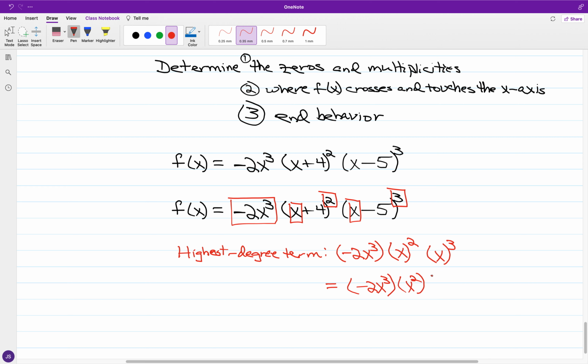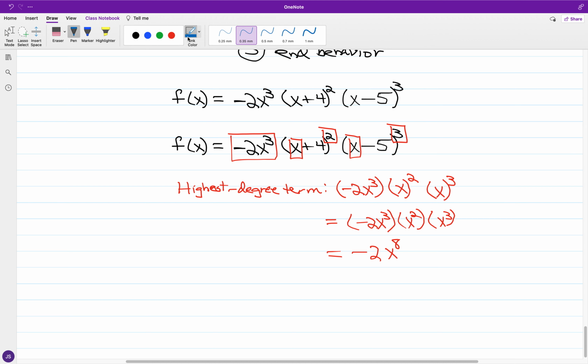X to the third is going to be x cubed. And if I multiply everything out, we have negative 2x cubed times x squared times x cubed, that's the x to the 3 plus 2 plus 3, and that's going to be negative 2x to the 8th. All right, so that's going to be your highest degree term.